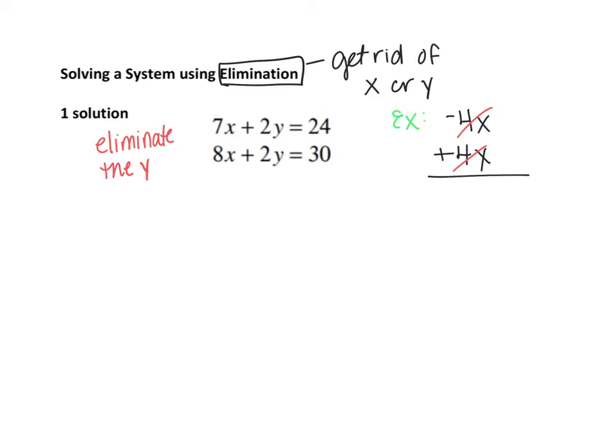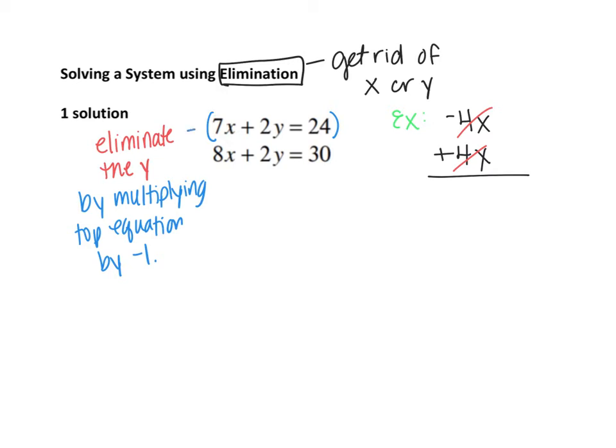So you could choose whichever one you want. I'm just going to choose the top one. And the way we get this top one to become a negative 2 is we multiply everything by negative 1. So we're going to eliminate the y by multiplying the top equation by negative 1.